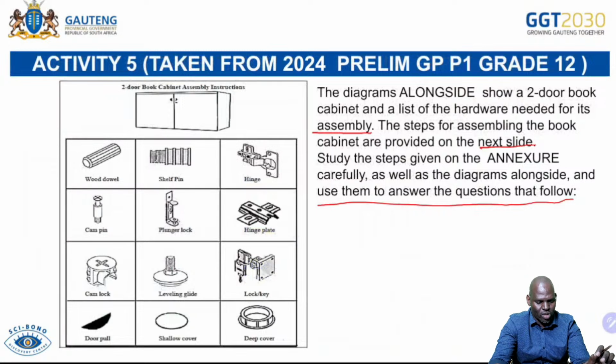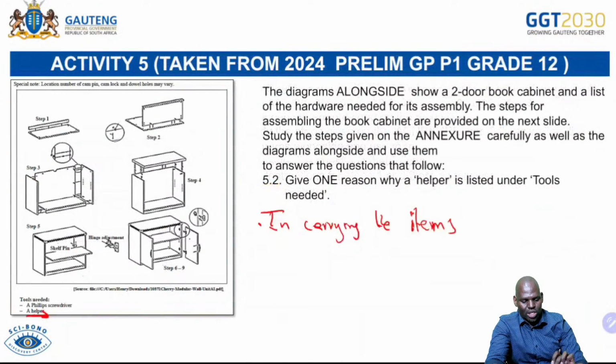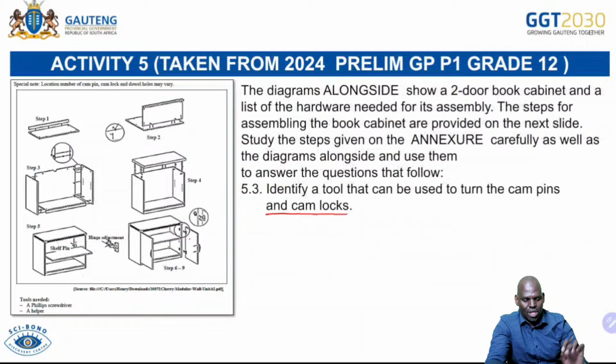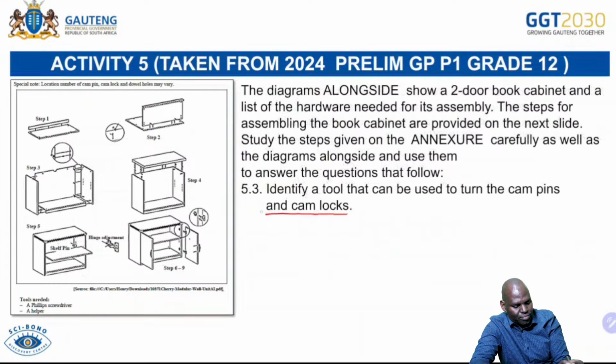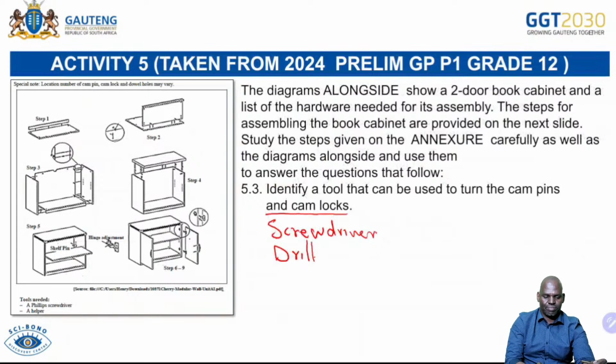So for this one, you can think of any tool that can be used. You can say a screwdriver, or some can say a drill, and so on, anything that you can think of. Any tool that will be relevant in this case can be mentioned.